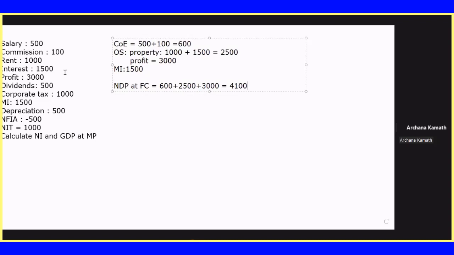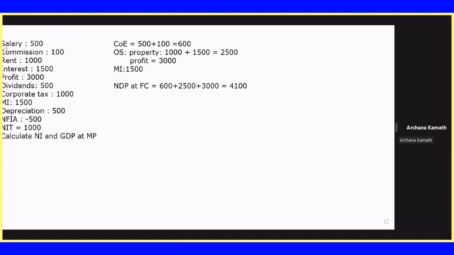When they give you the common heading of profit itself, what is the necessity of adding these components again? Dividends and corporate taxes are included under the common heading of profit. Profit is bifurcated into dividend, corporate tax, and retained earnings.